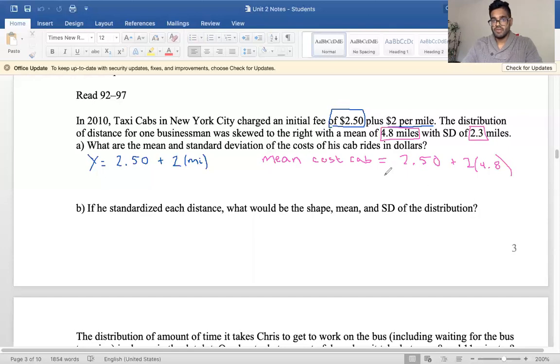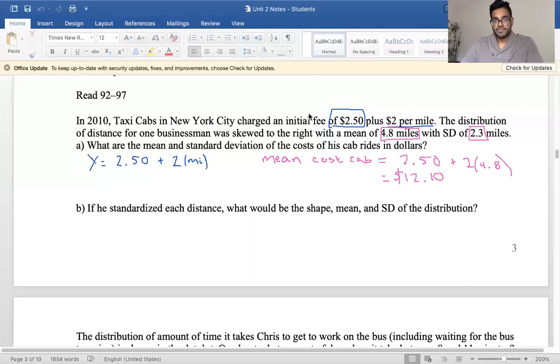Once you simplify this down, you get a value of $12.10. Again, in this class everything is in terms of context, so I wrote this as mean cost of cab equals $12.10, rather than just giving a number. Everything is going to be in terms of what we're looking at in the problem.